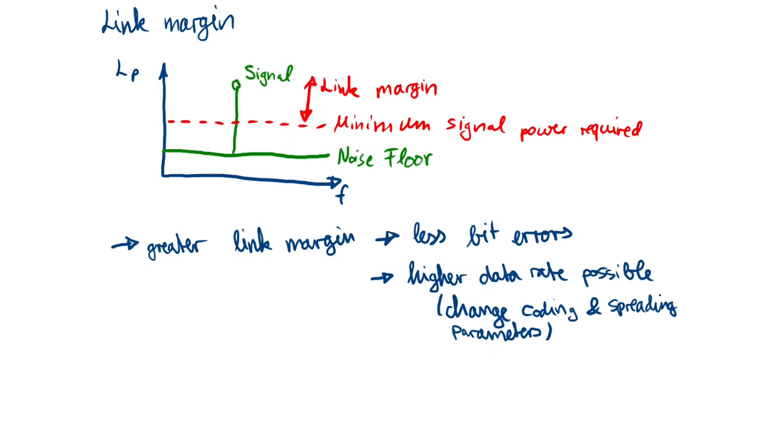And so a greater link margin means fewer bit errors, and that you can change your modulation, coding and spectrum parameters so that you can operate at a higher data rate sometimes.